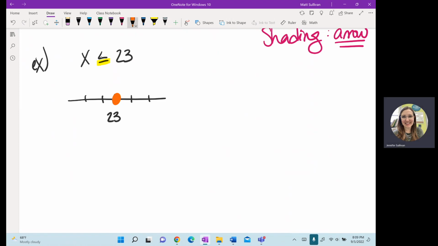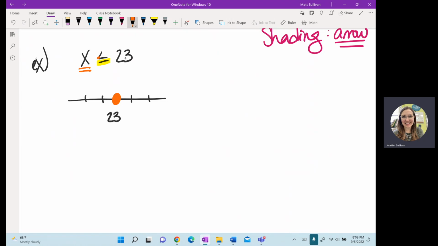Now, which symbol is this one? Is it less than or is it greater than? Well, before you look, I want you to think about this. The mouth is what tells me. The mouth is pointing to the bigger number. So, is x the bigger number? No, it's getting the point of the inequality.